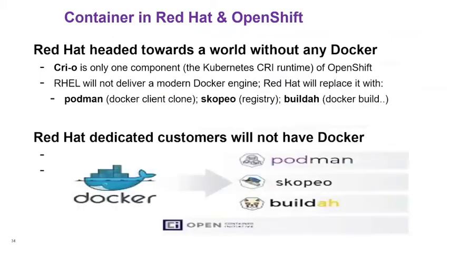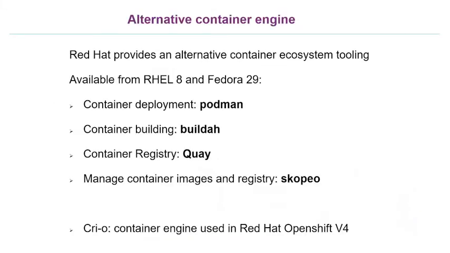So, simplified, Docker is replaced by Red Hat with Podman, Skopeo, and Buildah. All of them build and use OCI compliant container images, available from Red Hat RHEL 8, Fedora 29, and OpenShift version 4.